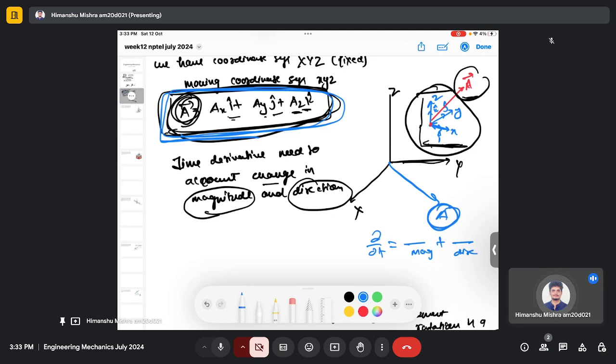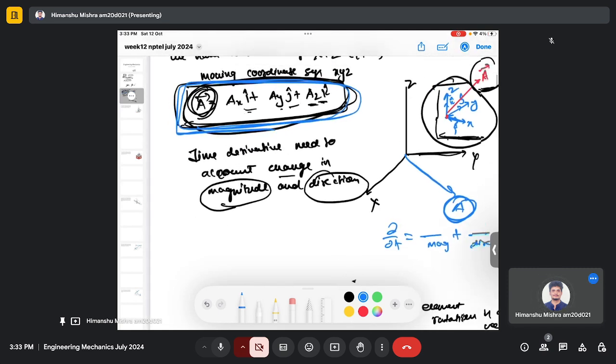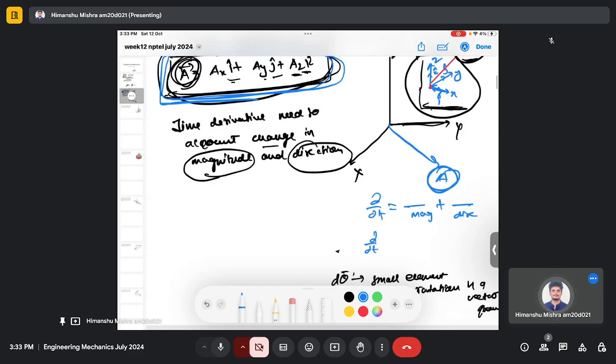If I define the vector A with respect to the fixed frame, but if I define the vector in the moving frame, which means that vector A is already changing direction with the moving frame.